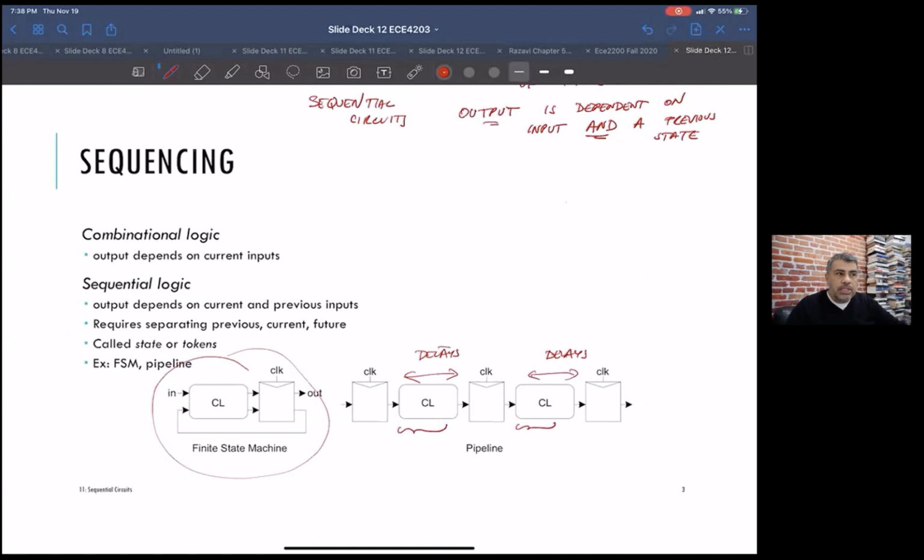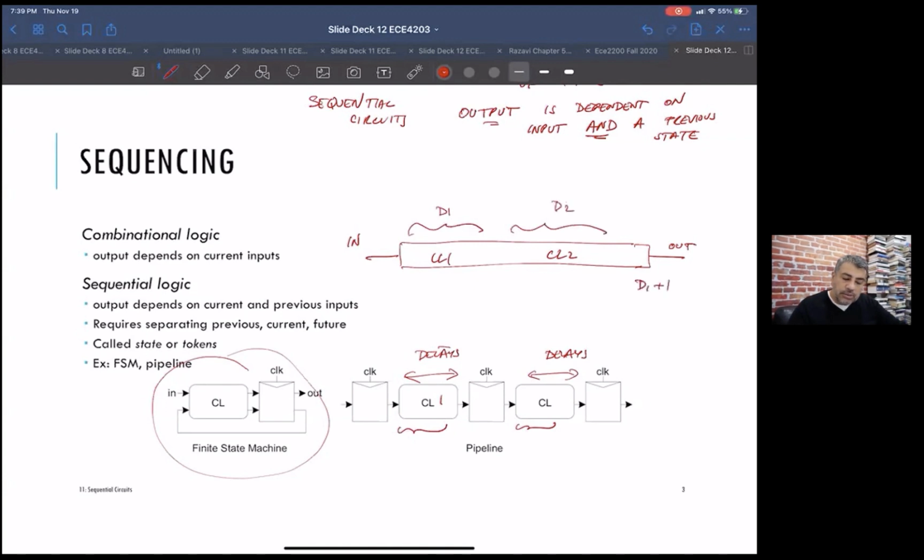Well, imagine if you didn't have a pipeline. So let's call this CL1, CL2. Let's say you had your input here and your output here. You would have to wait D1 plus D2 till you get your result.